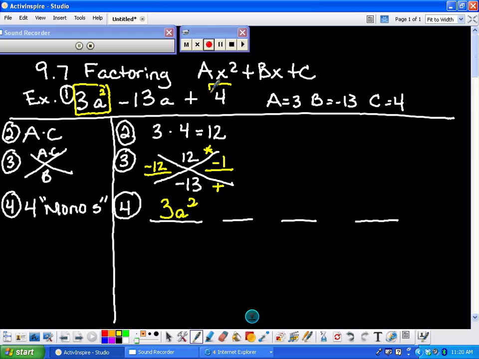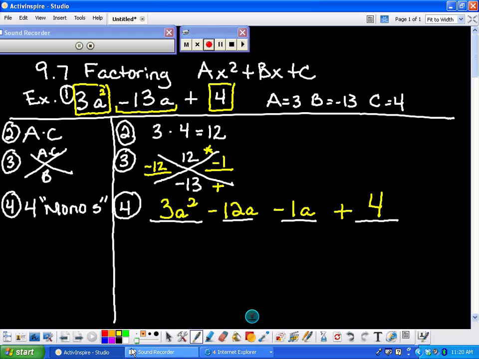And this plus 4 we put here. Now these two we use to create our negative 13a. So we have negative 12a and negative 1a, and the 4 is positive.